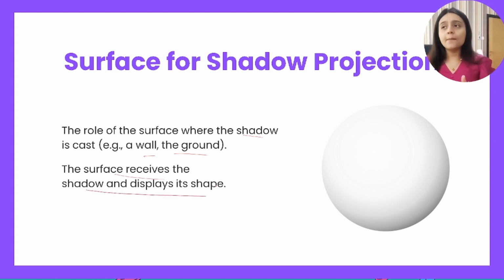The shadow is similar to the object for which it is cast. The image displayed by the shadow is likely to be seen as the object which is blocking the source of light.